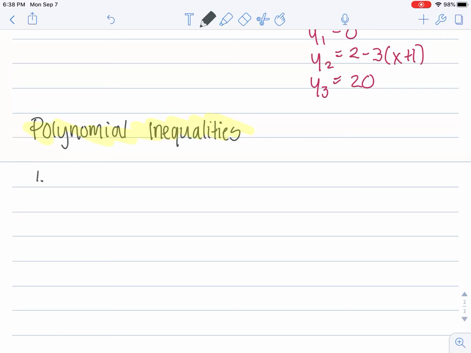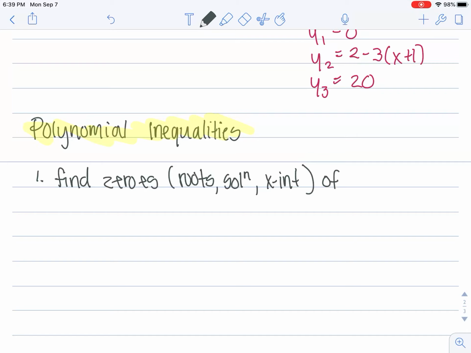So the first thing you got to do is to find your zeros, which I could also call them roots, solutions, x-intercepts. So we want to find them of the inequality.